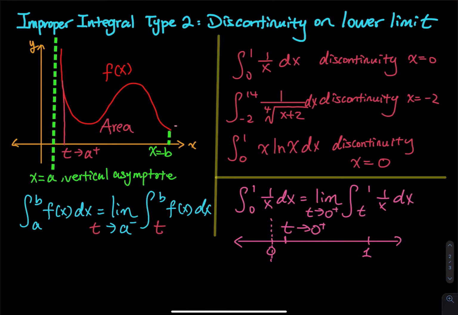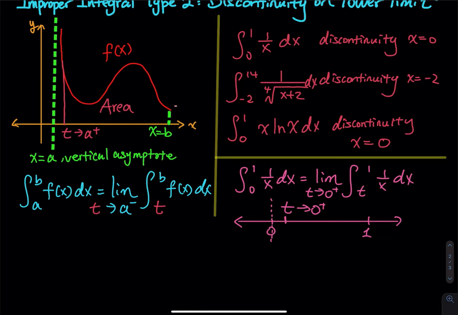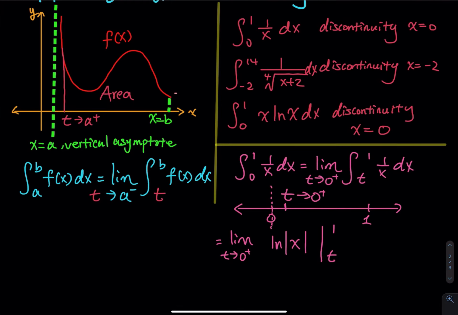All right, so the integral of 1 over x is equal to ln. So we have that equals the limit as t approaches 0 from the right of ln absolute value of x, and x goes from where to where? X goes from t to 1, and then you plug in the 1, subtract, plug in the t, and then you evaluate the limit.